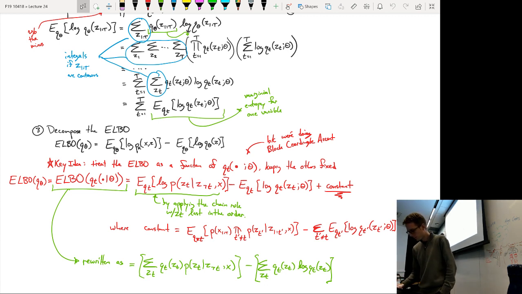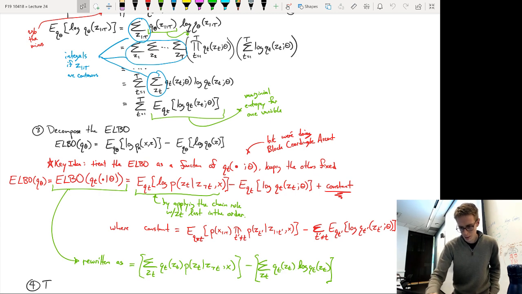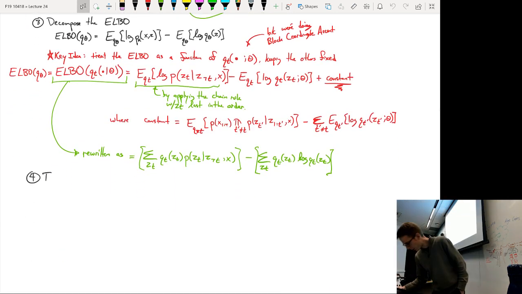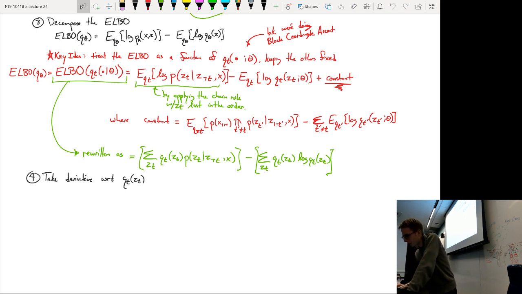Okay. All right. So then the last step here is that we're going to take the derivative with respect to qt zt. Oh, yep, we did miss a log here. Thanks.